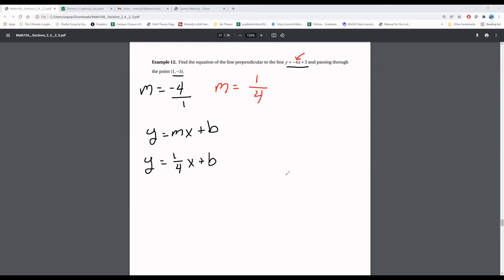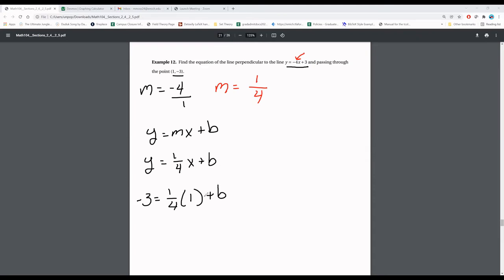We do not know b, but we do know the point 1, negative 3. So what can I do? I can put that point in here. y is negative 3, and x is 1.